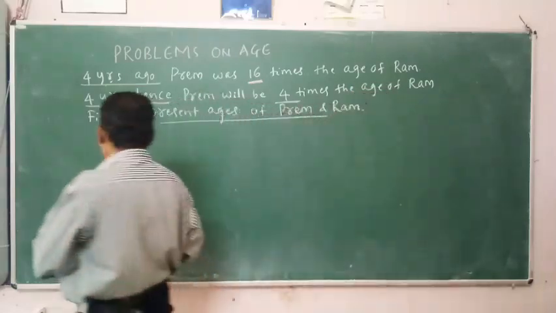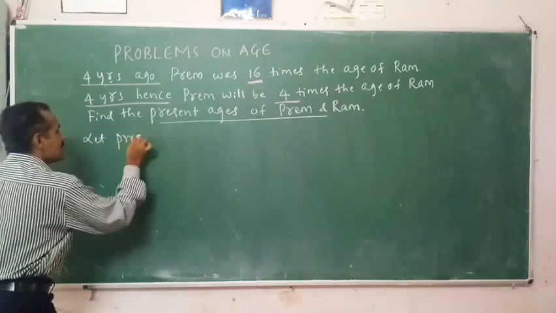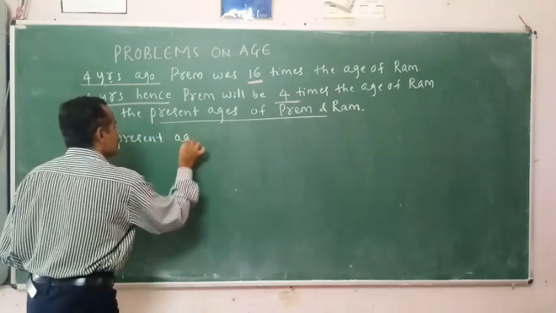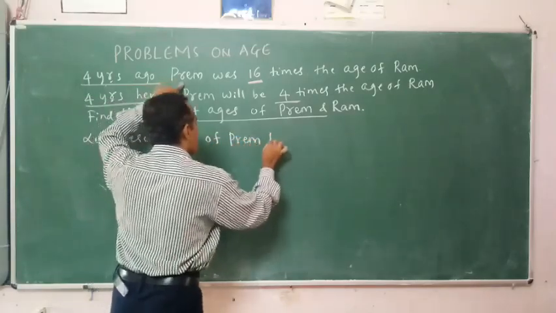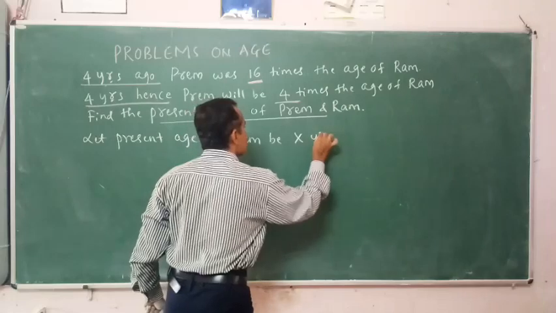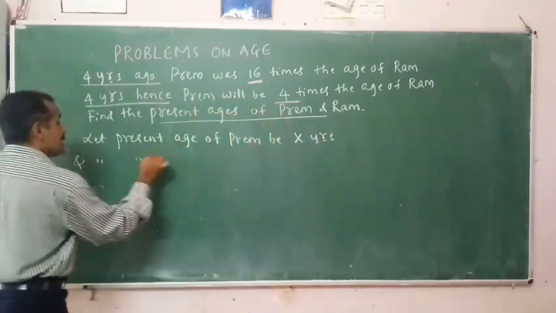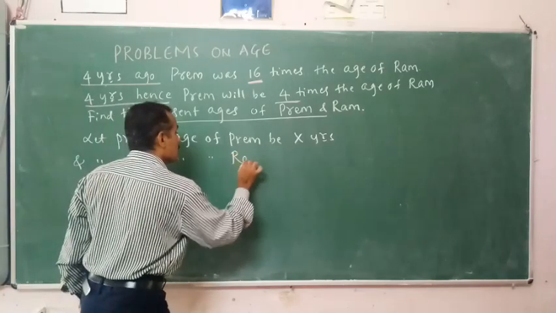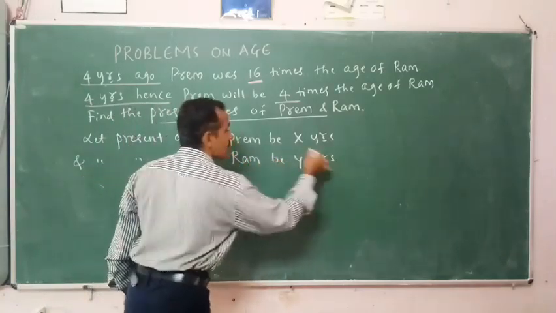Okay, let me start. Let the present age of Prem be x years and let the present age of Ram be y years.